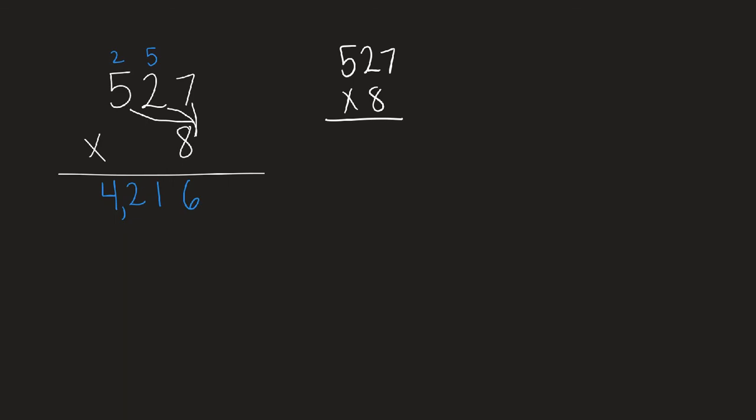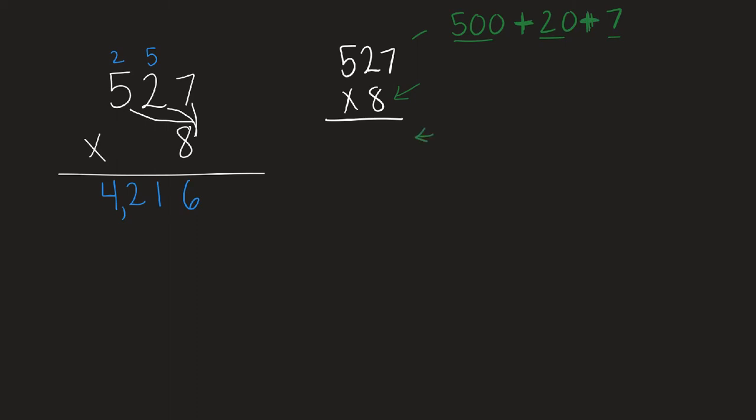This is the strategy using partial products. Now I'm going to multiply each of those numbers by 8. And at the end, I'm going to add them all together.